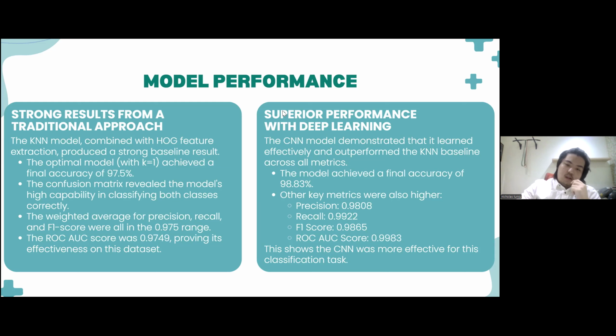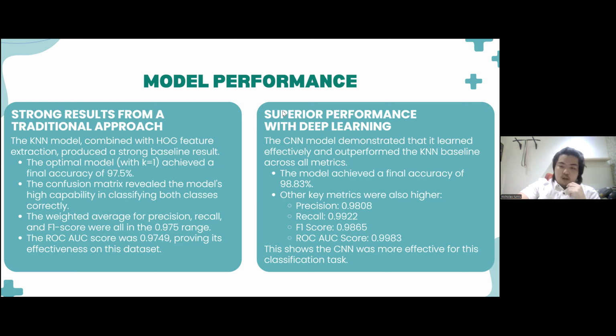The CNN model, however, achieved even better results, as you can see from the graph. Over 10 training epochs, the training and validation accuracy steadily increase, while the loss decreases, indicating that the model learned effectively from the dataset. Across all metrics, CNN was superior.